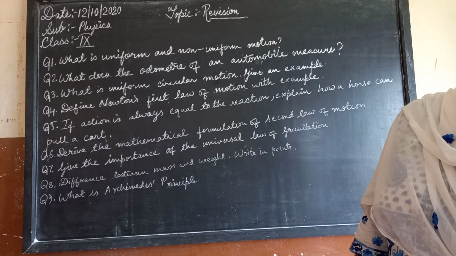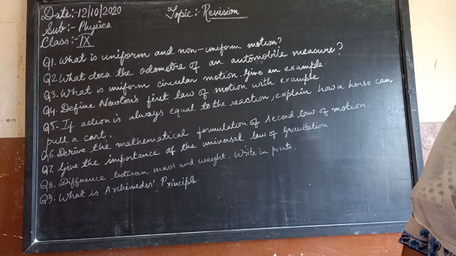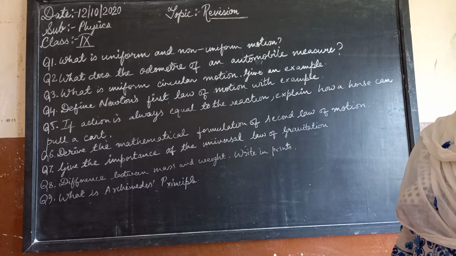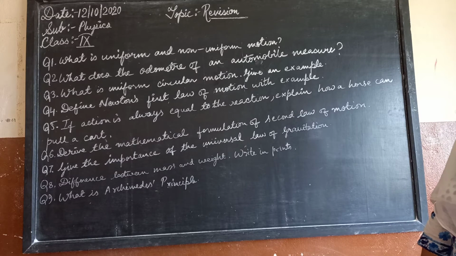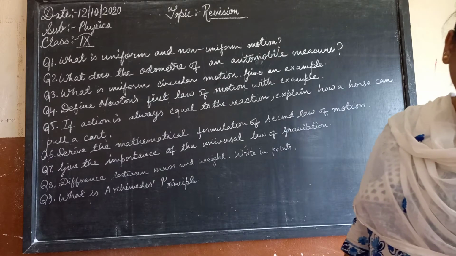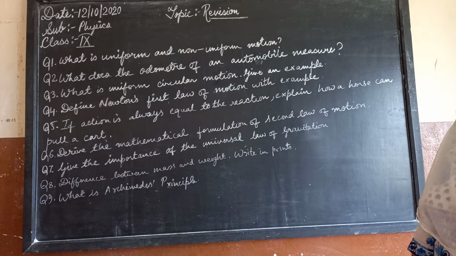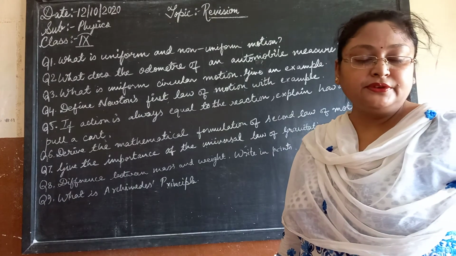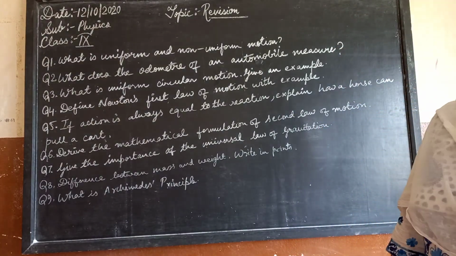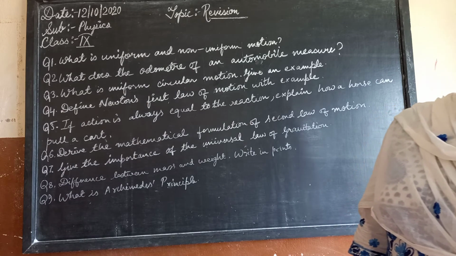Mass is directly proportional to weight, and F equals M into A, so weight W equals M into G, where A is the acceleration due to gravity, defined by G. Mass is constant, but weight differs in different parts of the earth; it is varying.